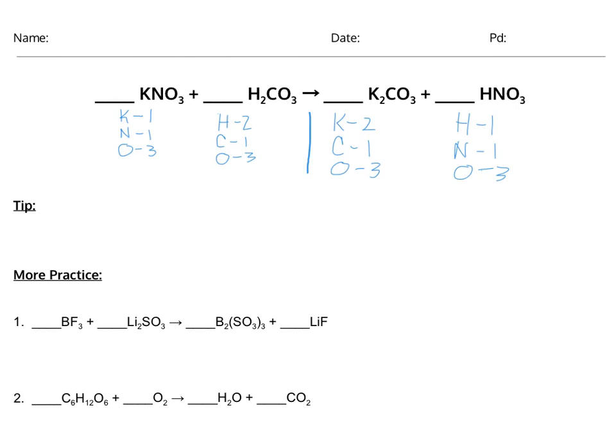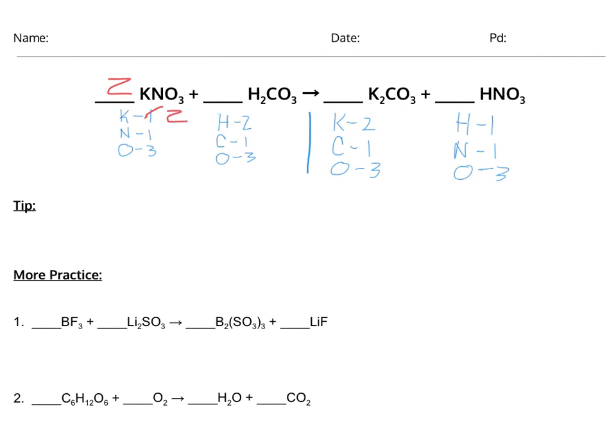Alright guys, so here is what you should have come up with for your starting numbers, and I'm going to work you through this just in case you struggled a little bit. So the first thing that I noticed was that my potassiums were off. So that's what I'm going to start with. On the left side I have 1 potassium, on the right side I have 2. So I'm going to fix that by putting a 2 out in front.